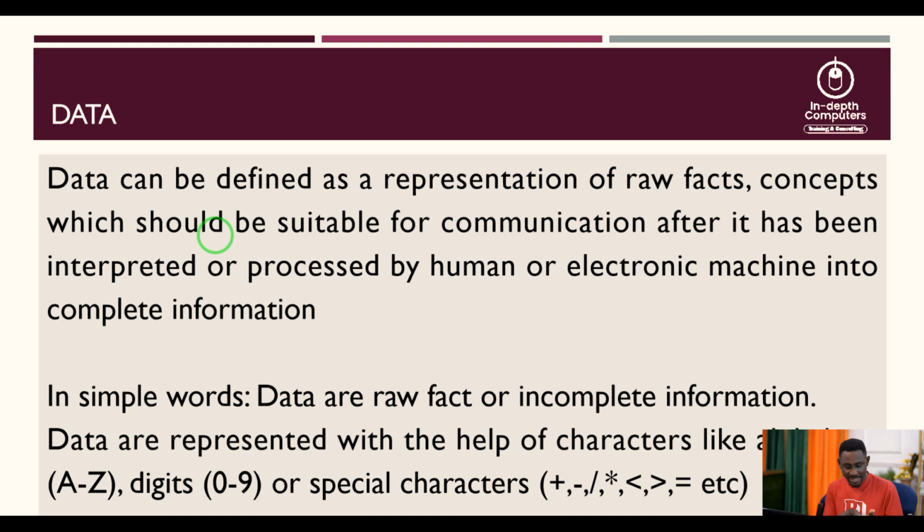Characters like equals to, less than, plus, are all referred to as data. We have pictures as well, and sound is also an example of data. So all of these are data. Now you need to organize them before they become useful information.